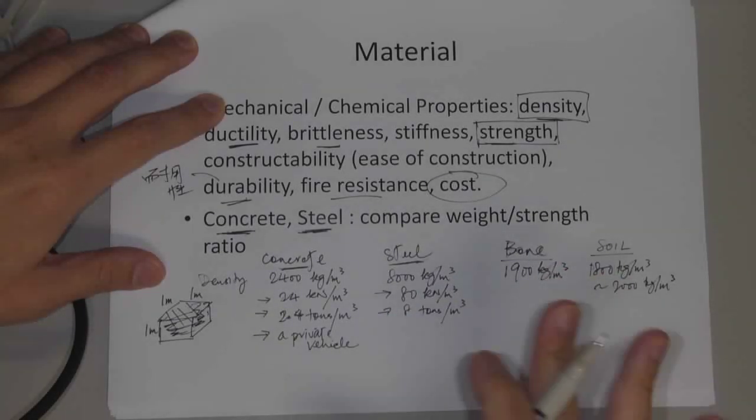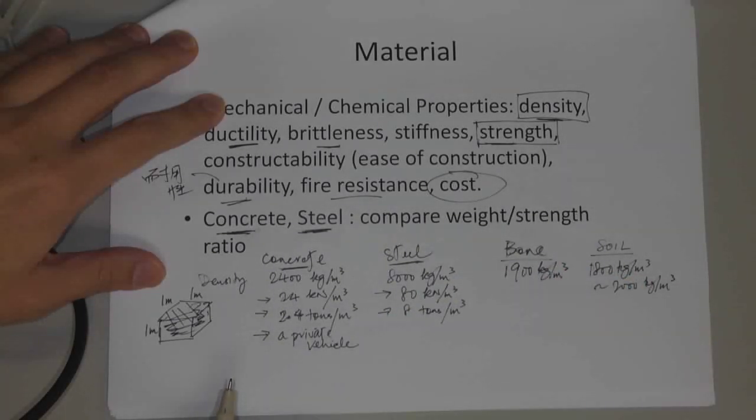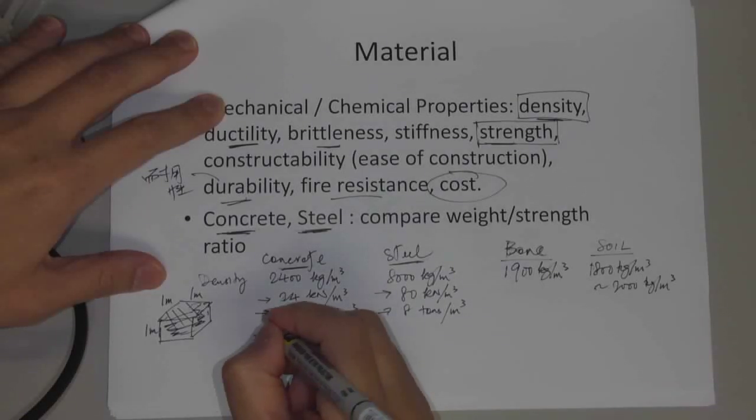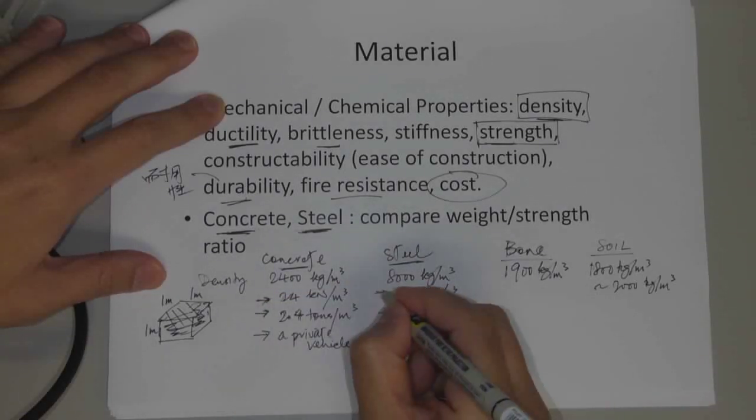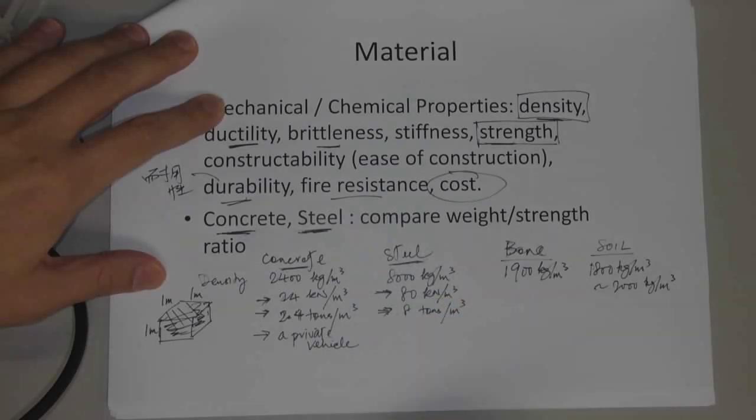So the weight of bone is about the weight of soil. It's heavy, right? It's not something very light, but definitely lighter than concrete and steel. So it's better to have some idea of how heavy those things are.